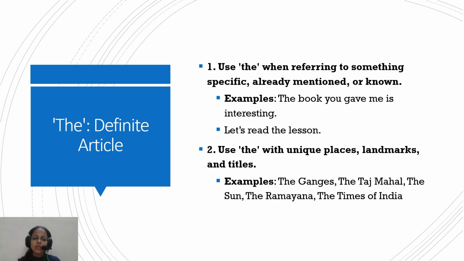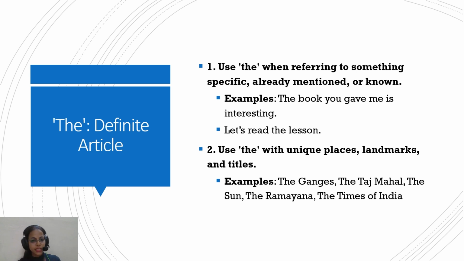Okay. Now, the second rule says that use the with unique places, landmarks, and titles. So, the Ganges, the Taj Mahal, the Sun, the Ramayana, the Times of India. All these unique places, titles, and landmarks should always be followed by the.